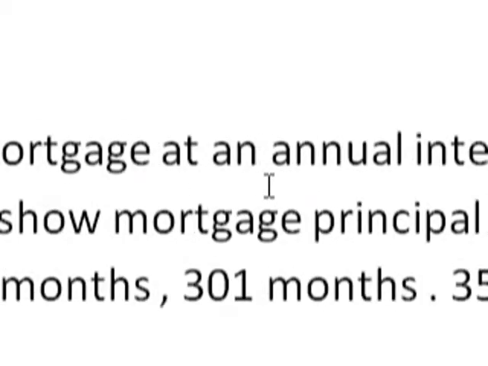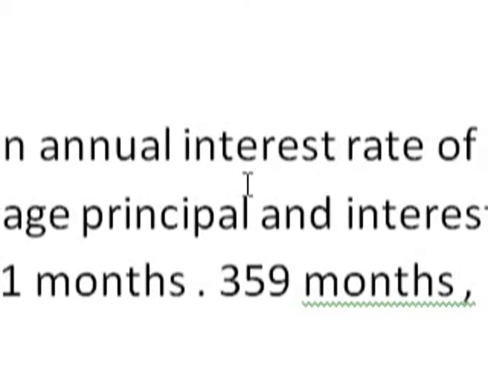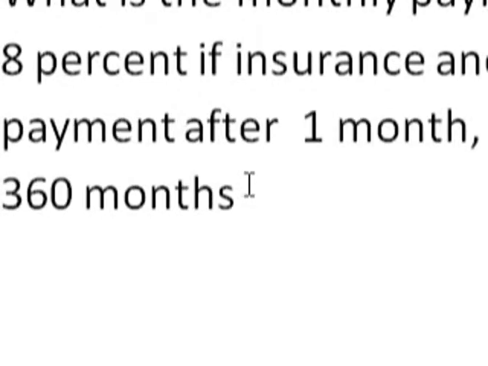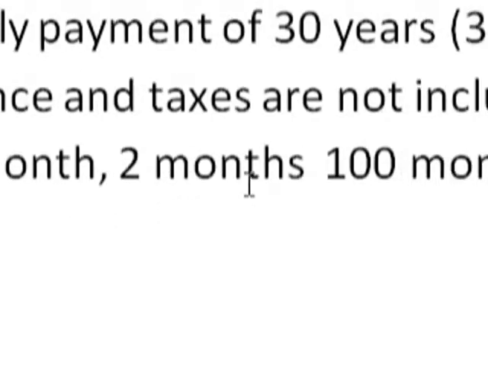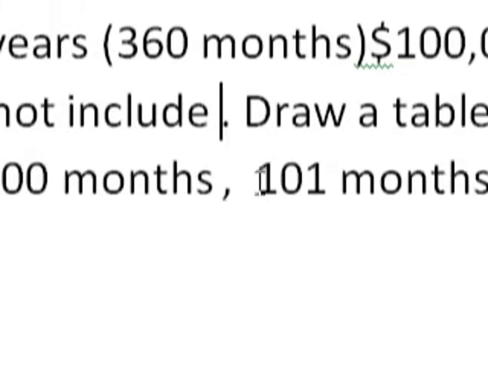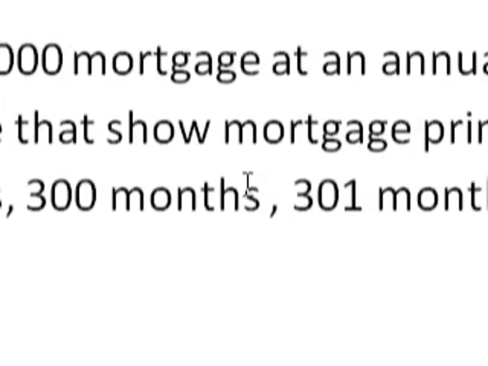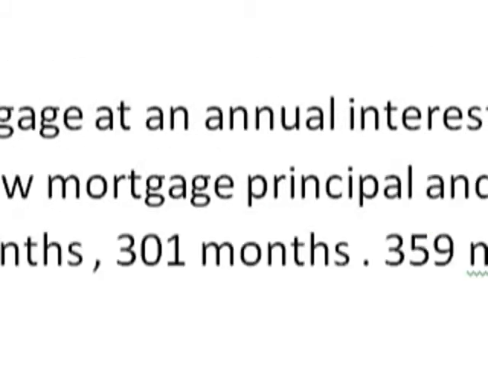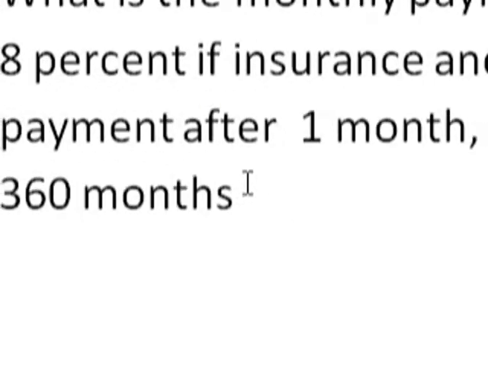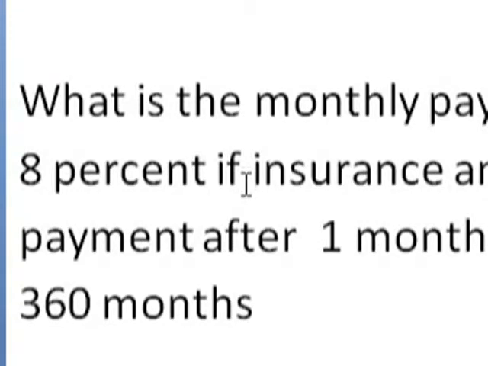Draw a table that shows mortgage principal and interest payment after 1 month, 2 months, 3 months, 101 months, 201 months, 259 months, 300 months, 360 months. To solve this problem, we are going to represent the data via a line, so that will help you better understand the problem. And we're also going to use Excel in order to find the monthly payment.